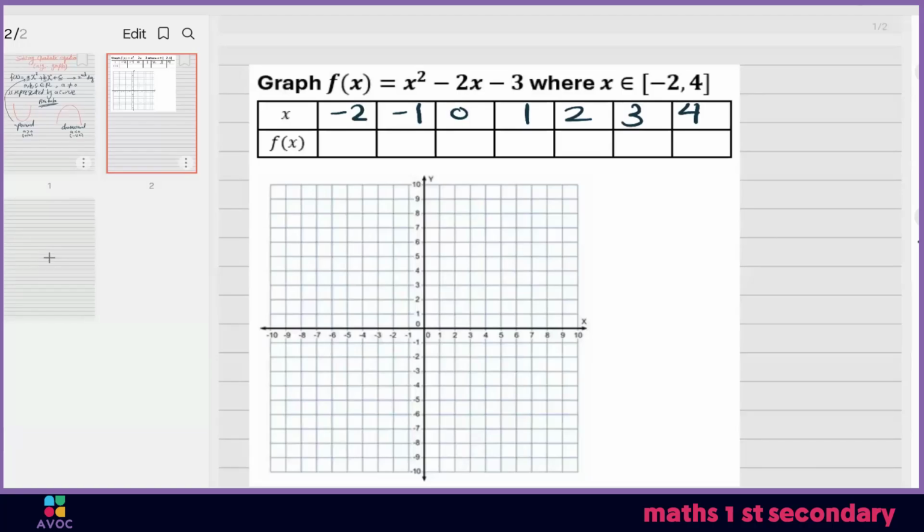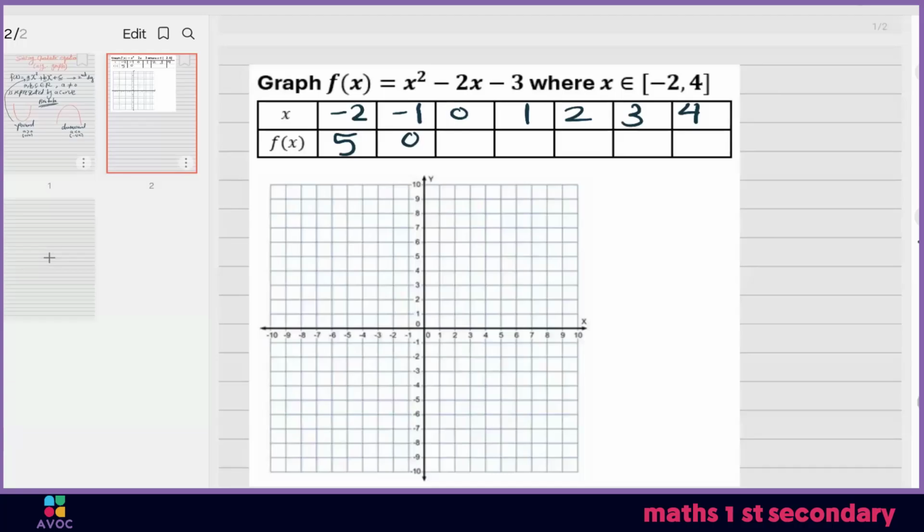When x equals negative 2, it will be negative 2 squared minus 2 times negative 2 minus 3, which equals 5. So f of x here equals 5. When we substitute by negative 1, it will be 0.